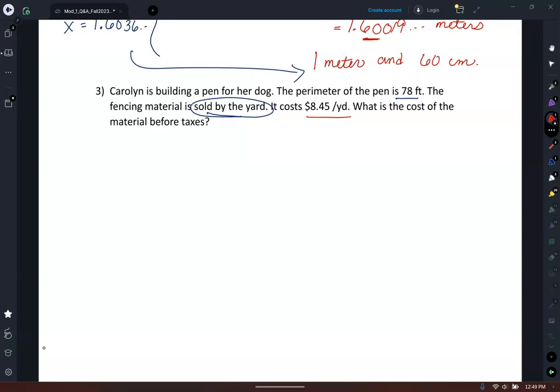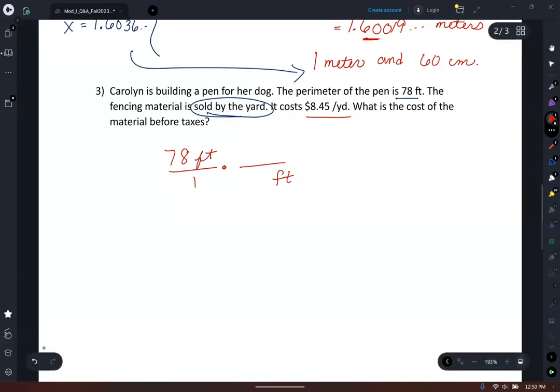So if we have our 78 feet for our perimeter, we want to convert that to yards. So we take our given information, put it over 1. And then we want to have feet in the corner. So in this case, we're trying to reduce, so we are making sure we eliminate those units.